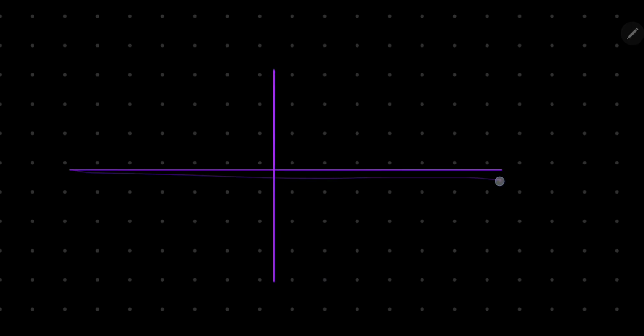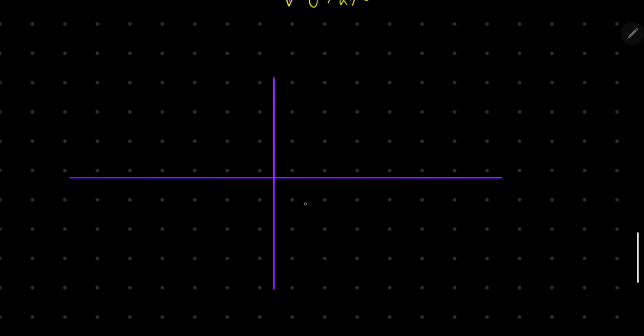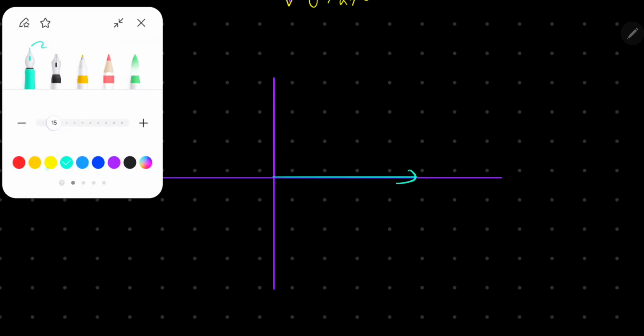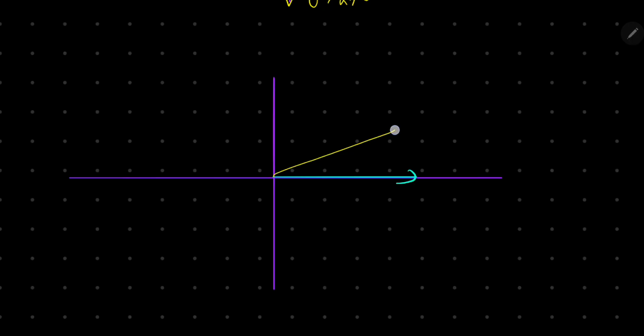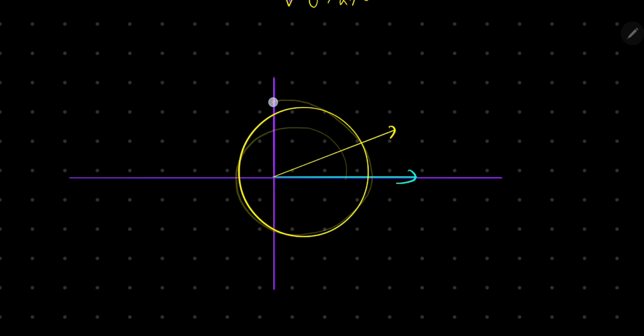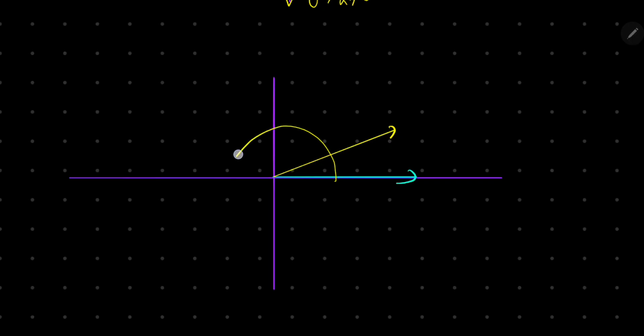If you rotate the yellow line from the aqua line in the anti-clockwise sense, one full rotation, and reach here, the angle formed is one rotation, 360 degree, plus 90 degree.